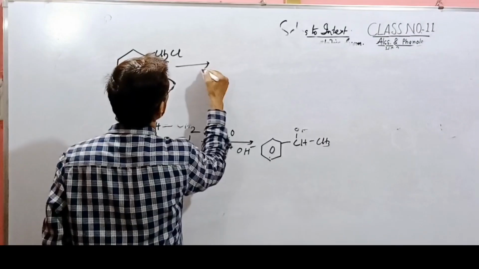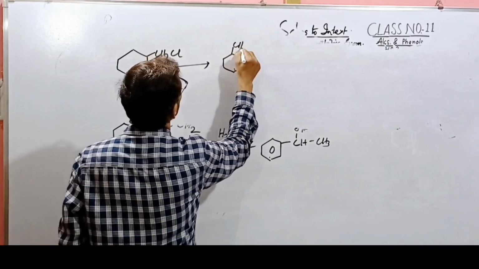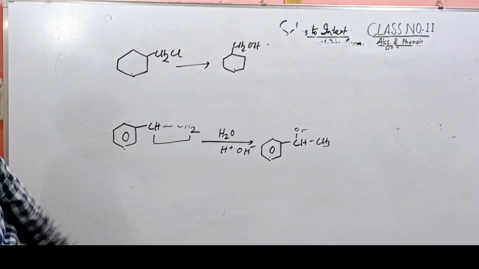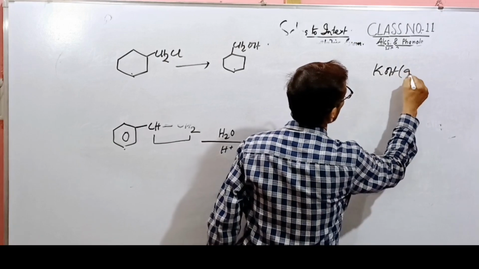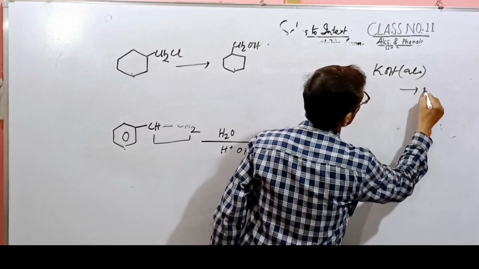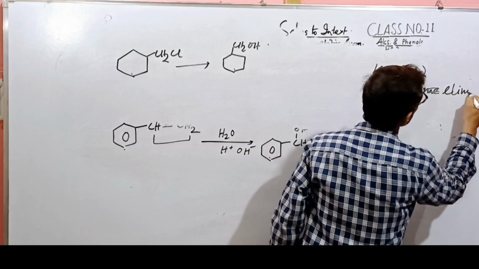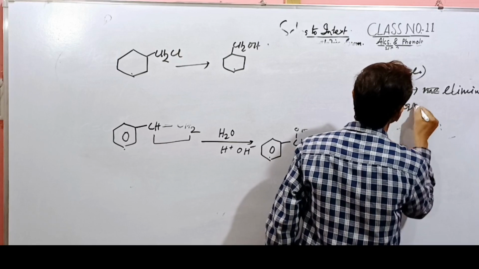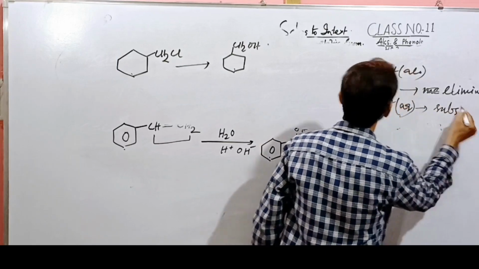You are asked to convert this CH2Cl compound into this one. At the very beginning of alcohol and ether, I told you that when alcoholic potassium hydroxide is given, an elimination reaction occurs, and when aqueous potassium hydroxide is given above the arrow, it is a substitution reaction.